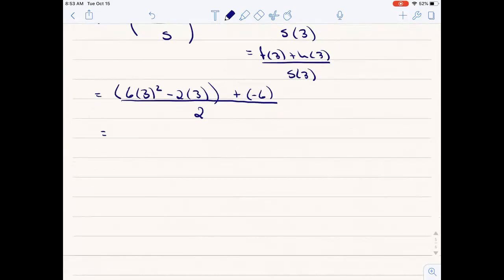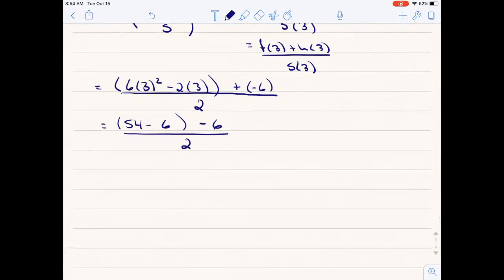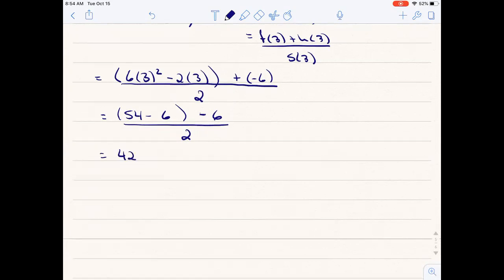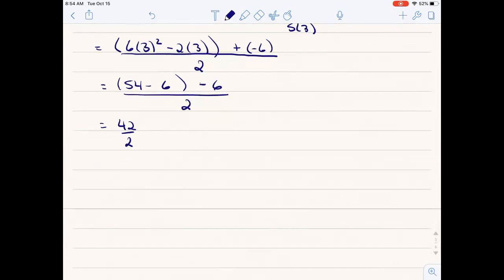So we can solve: 6 times 9, and then 54 minus 6 over 2, adding a negative. 54 minus 6 is 42. 42 over 2 finally lands us at 21.